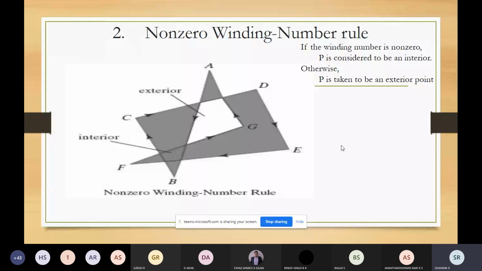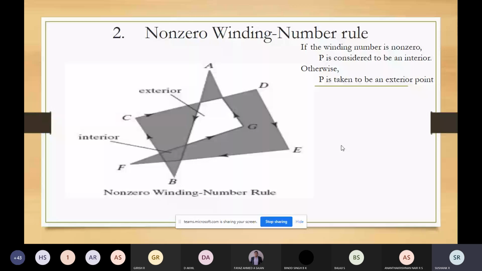So what this rule does is count the number of times that the boundary of an object winds around a particular point in the anti-clockwise direction, which is known as the winding number.